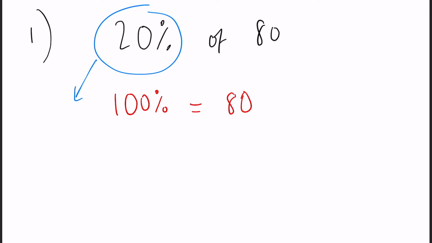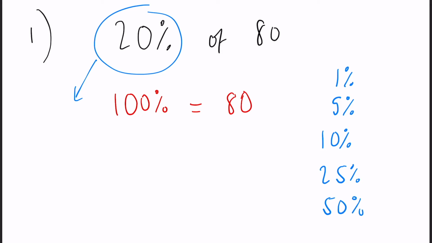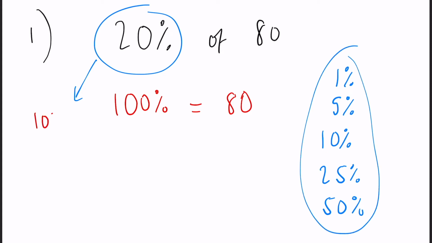So building blocks that are easy to make are examples like 1%, 5%, 10%, and maybe 25% or 50%, because these can easily be calculated from the original 100%. So looking at these, to get to 20%, all we need are 2 lots of 10%. So that's what we're going to do.